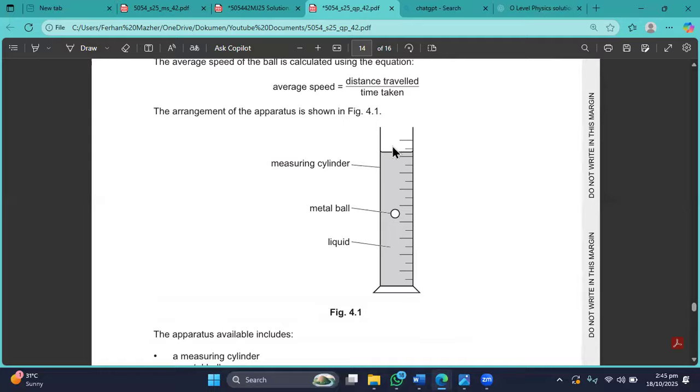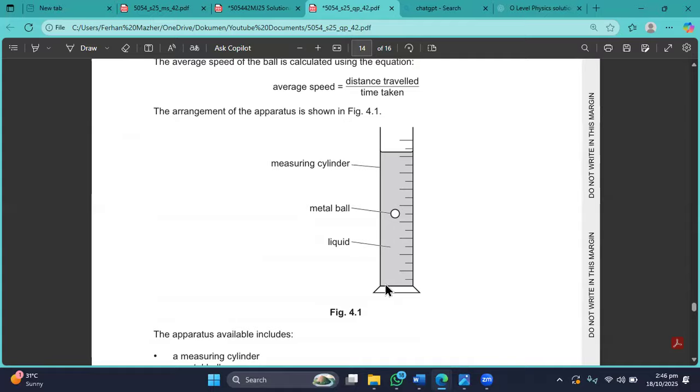So I will drop my ball here. I will start my stopwatch, and when the ball reaches the bottom of this cylinder, I will stop my stopwatch. The density of this liquid is already known to me. So I will divide this distance by the time taken, and that will give me the speed of that ball.